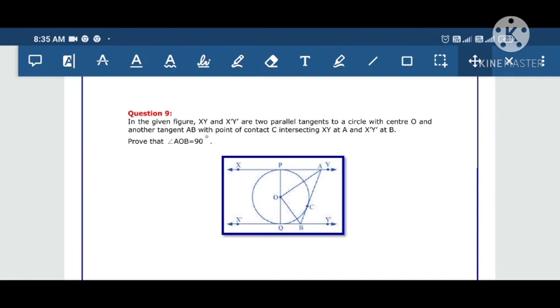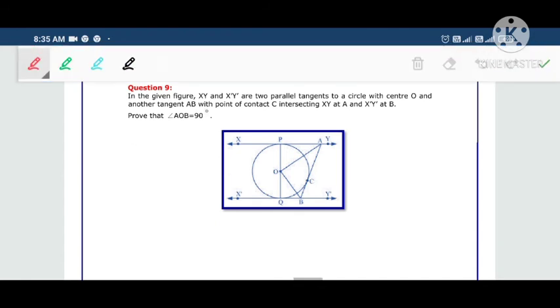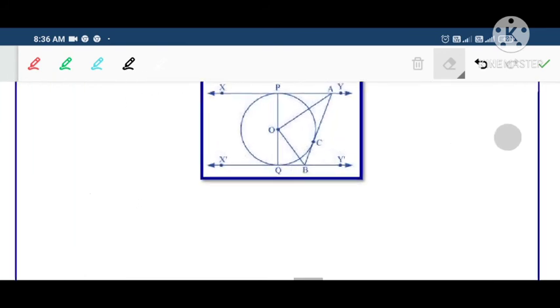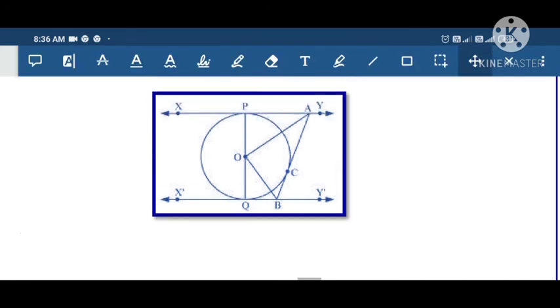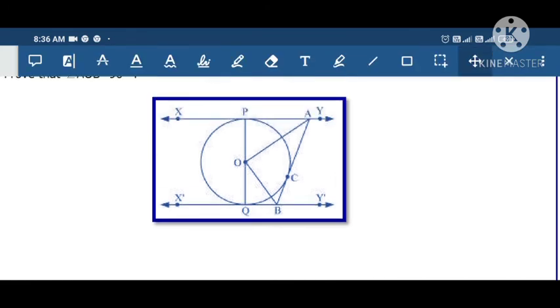Prove that angle AOB is equal to 90 degrees. So here we need to prove this angle AOB is 90 degrees. Now we move on to the solution. In the solution, I join the line OC.